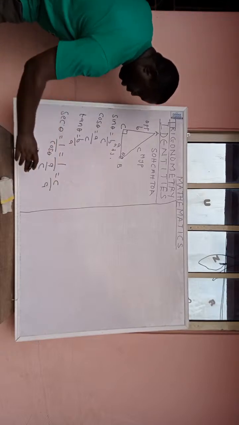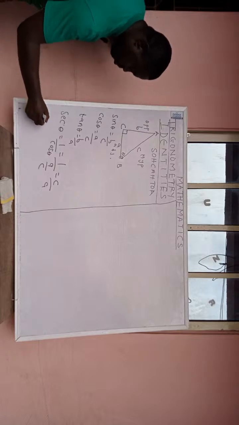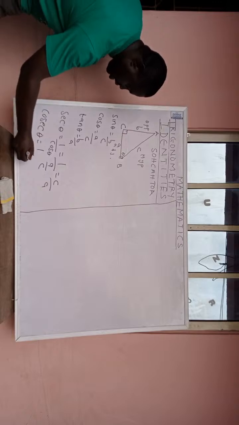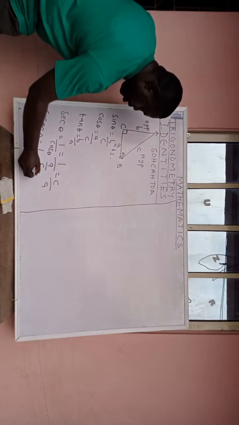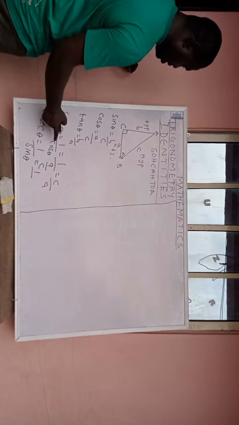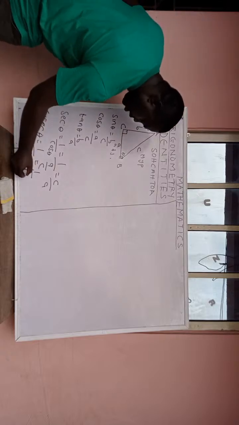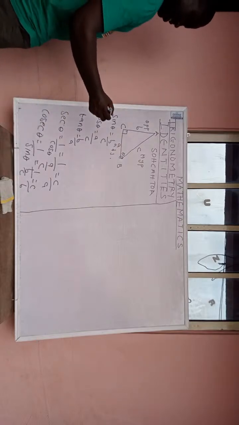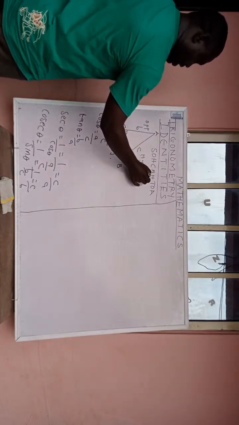Now you do the same thing with cosec. My cosec theta is 1 over sine theta, and sine theta is B over C, so that gives C over B. And then we come to cotangent.